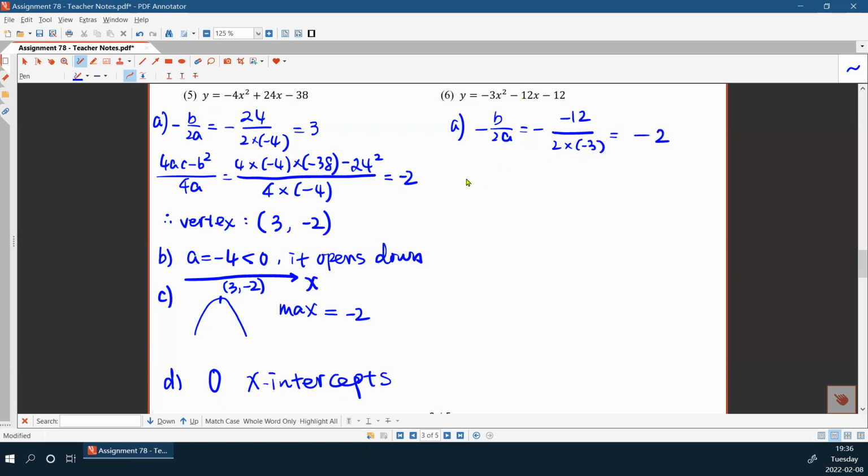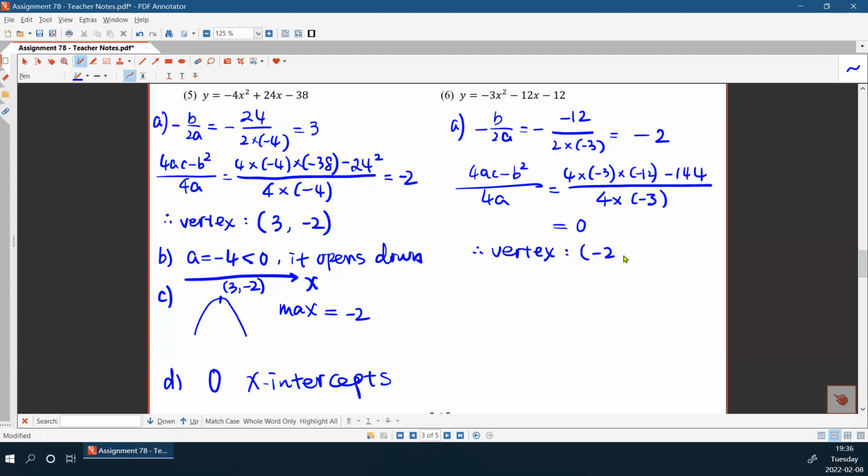And then the y coordinate of the vertex, which is (4 by -3 by -12 minus 144) over (4 by -3), which is 0, right? And therefore the vertex is (-2, 0).